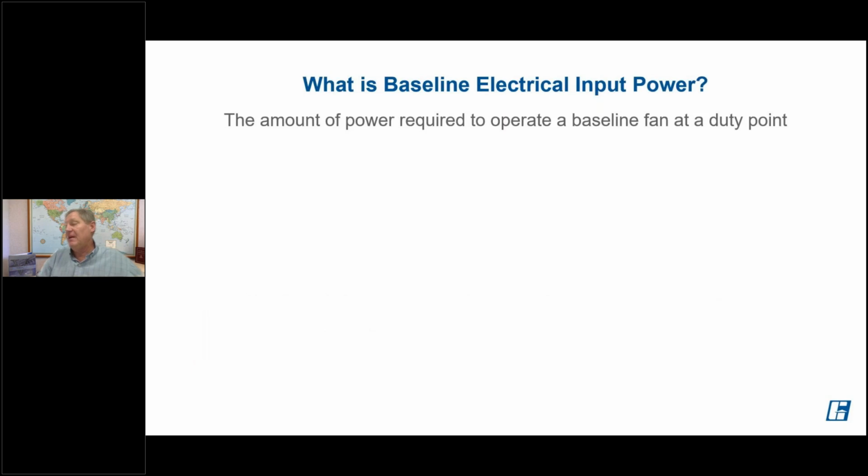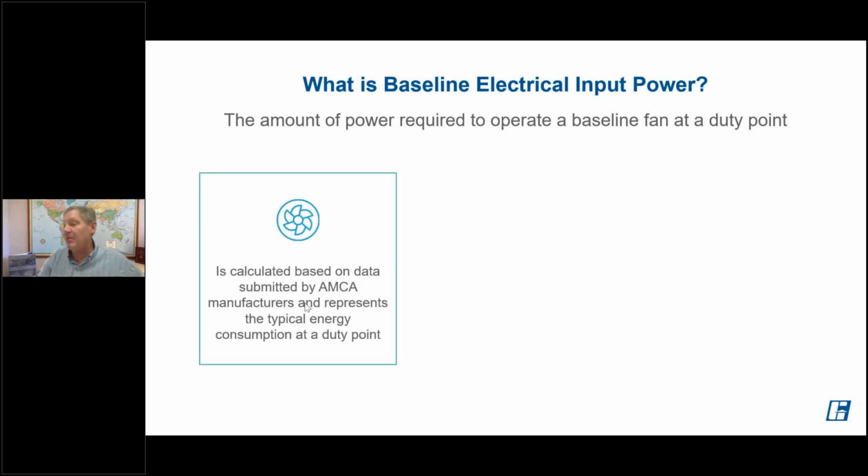Okay, so as far as the electrical input power, where did that come from? Well, first of all, it stemmed from a ton of research that AMCA did many years ago, where they looked at a scatter diagram of fan selections over the entire flow and pressure range that a fan could work in. So basically, you've got infinite selections, okay?